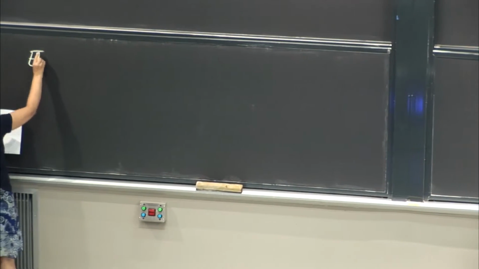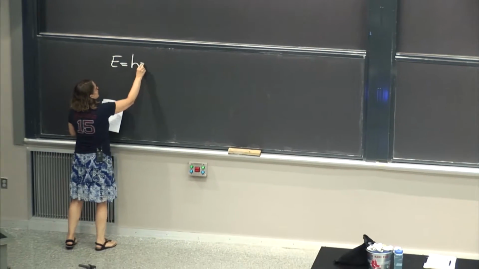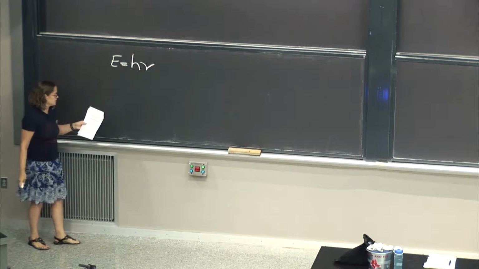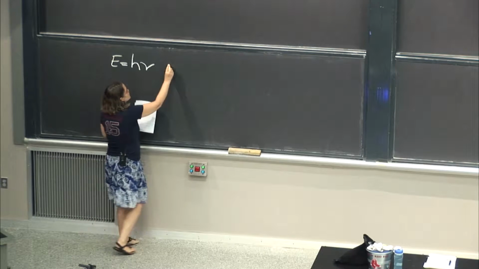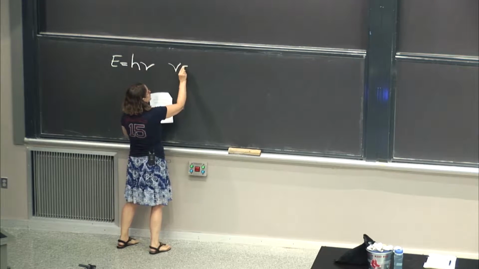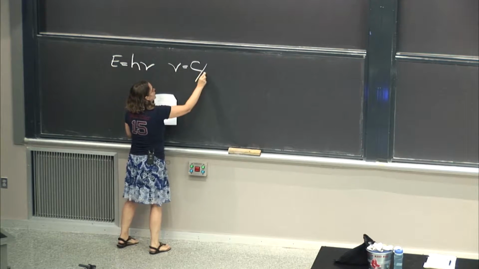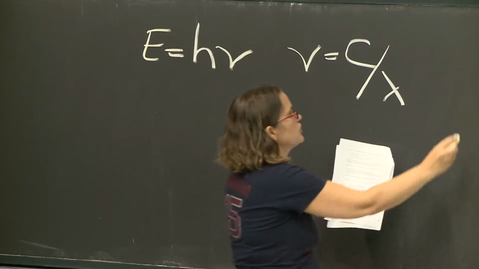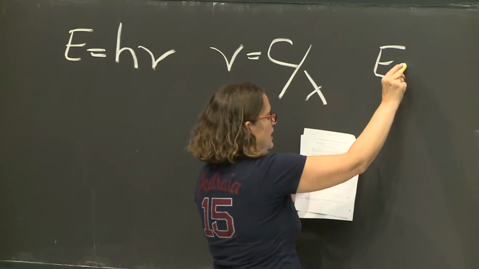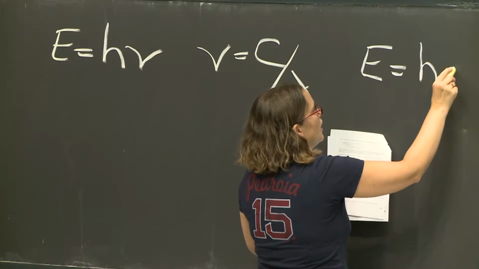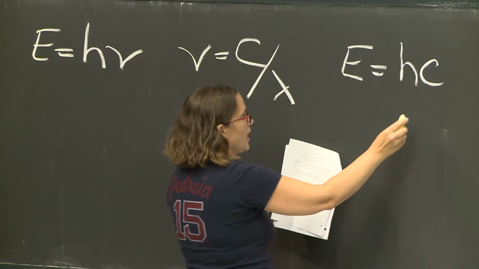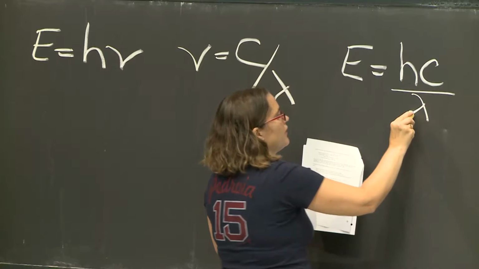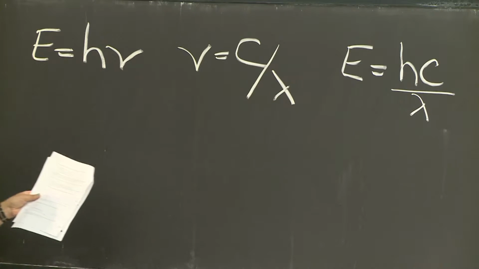We know that energy is equal to Planck's constant times the frequency. We also know that the frequency is related to wavelength by c, the speed of light. And then we can put those two things together to say the energy is also Planck's constant times the speed of light divided by the wavelength.